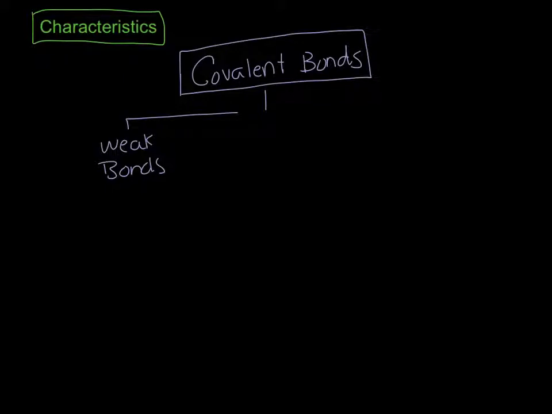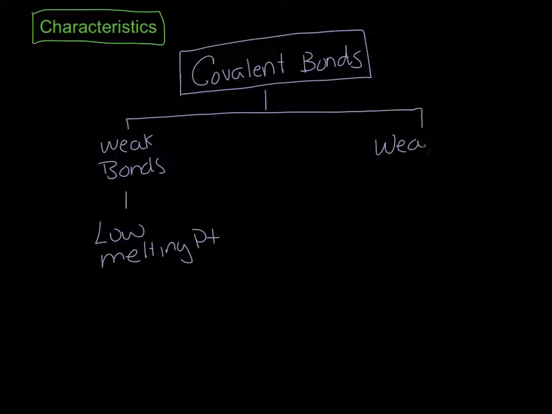And because they're weak bonds, they have a very low melting point. And also because they're weak bonds, they don't allow electrons to pass through freely.